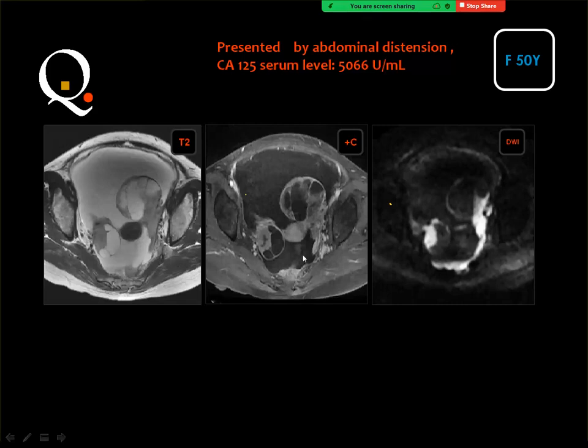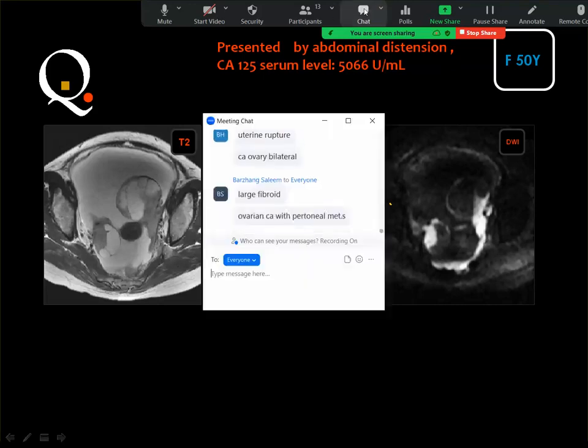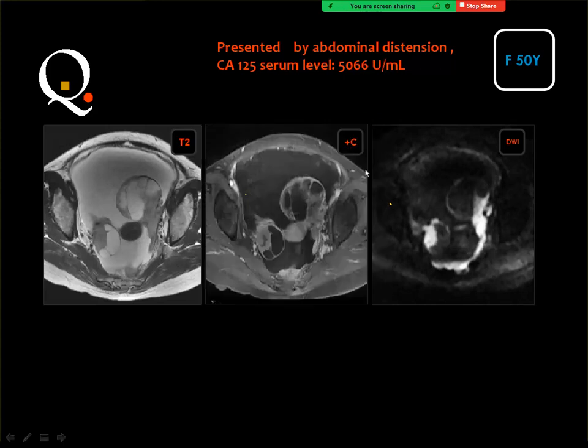This is T2 and T1 post contrast with fat suppression, and this is diffusion weighted images. Yes, ovarian cancer with peritoneal metastasis, good answer.